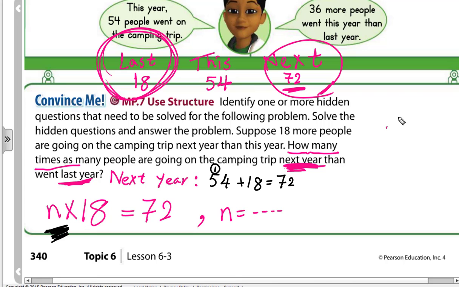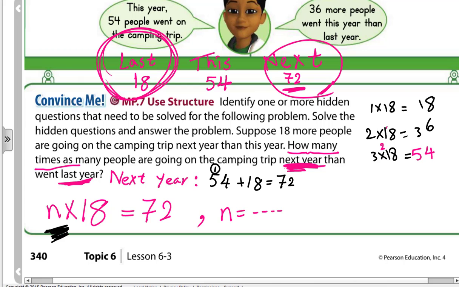Yeah. I can do this simply by going through the times table of 18. 1 times 18, 2 times 18, 3 times 18, 4 times 18. Okay, let's start. 1 times 18 is 18. 2 times 18 is 36. 3 times 18: 3 times 8 equals 24. Write 4 and carry 2. 1 times 3 equals 3, plus 2 more equals 5.